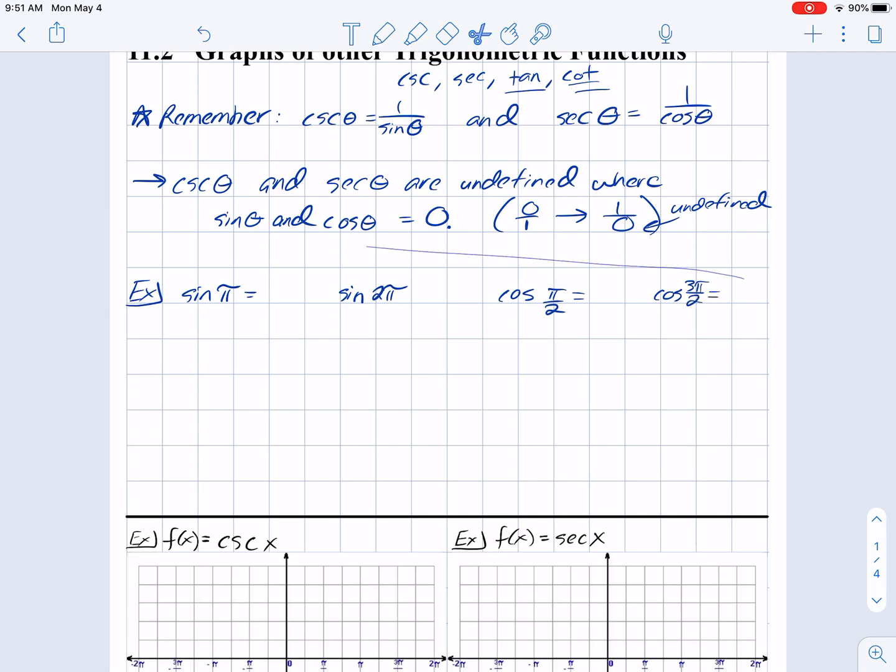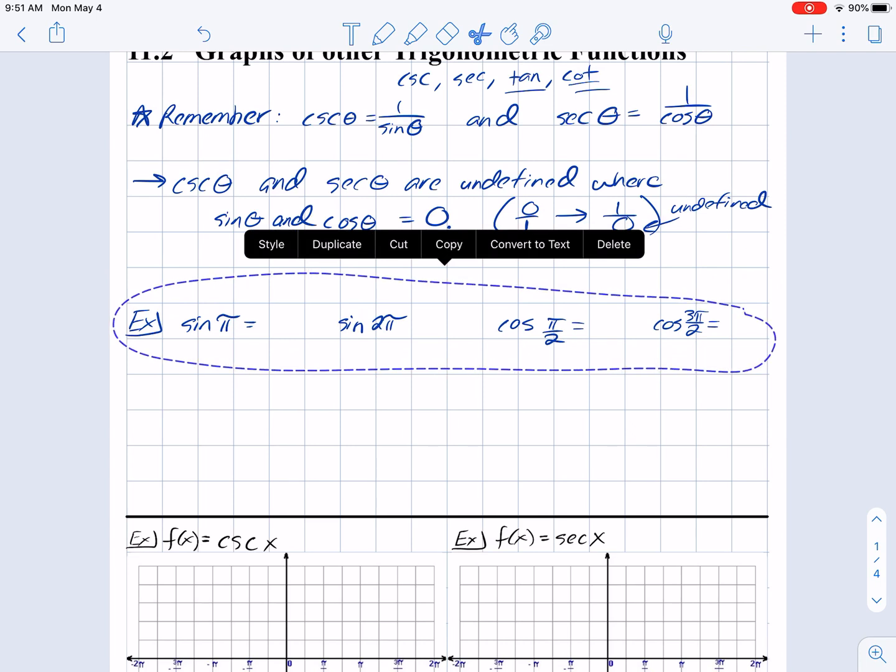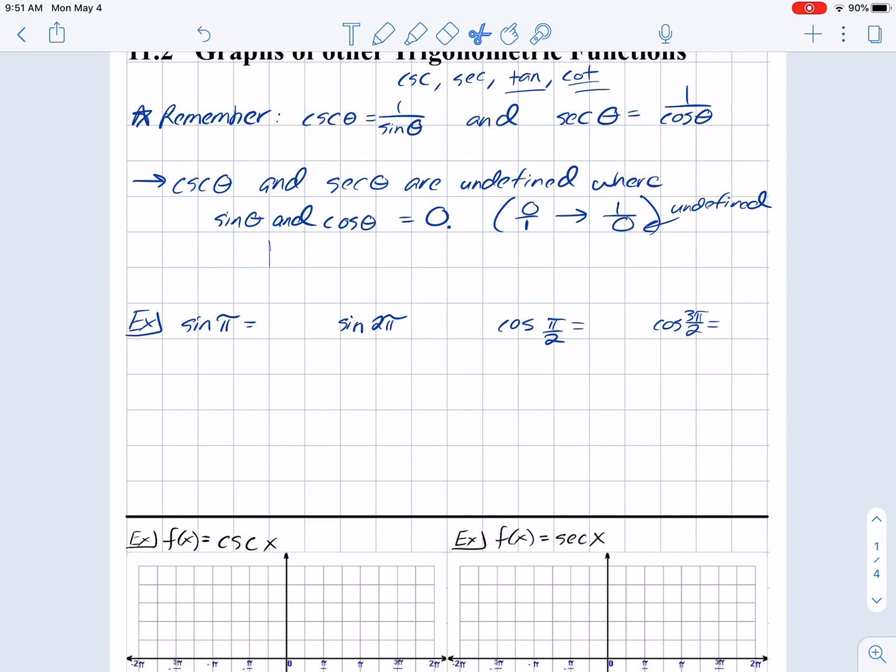And I'm actually going to shift these all down just a little bit, because up here, I'm just going to put a little sketch of our unit circle and remind us of all of these points on our unit circle.